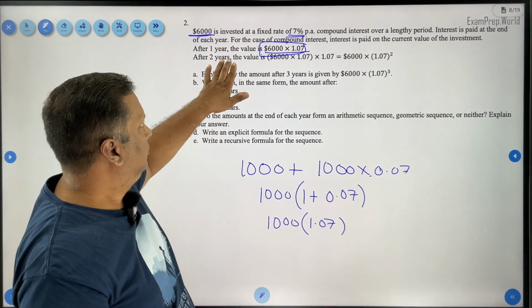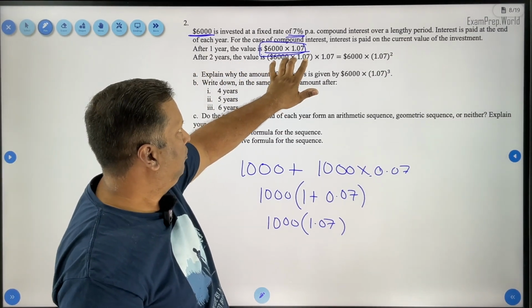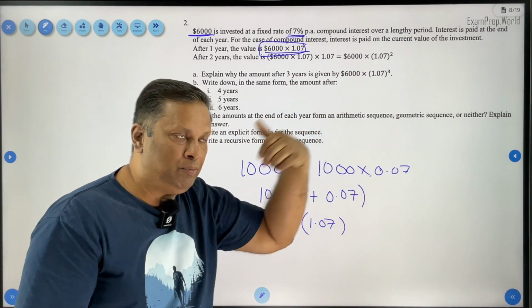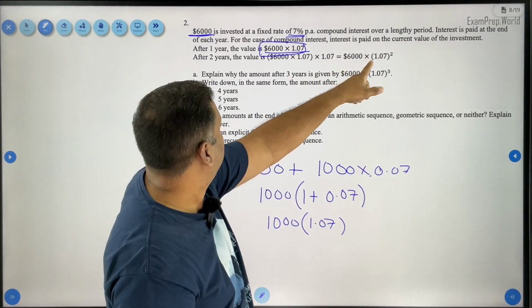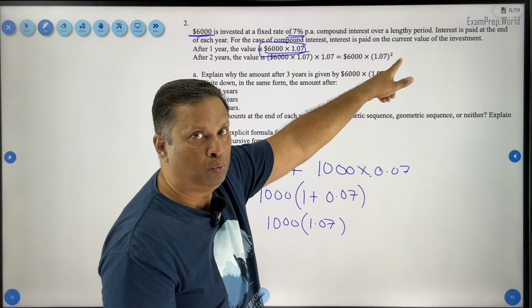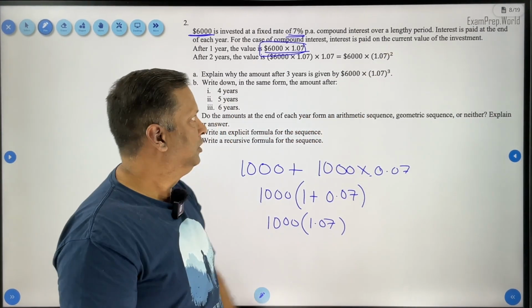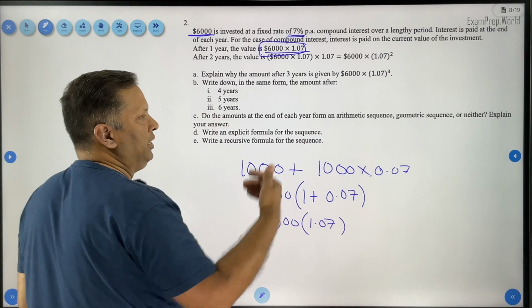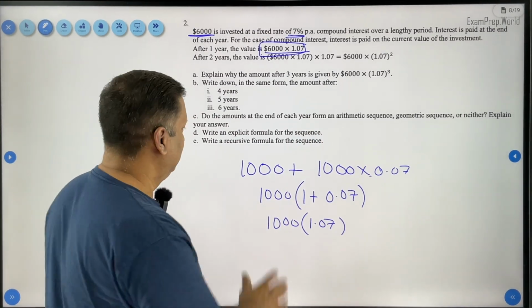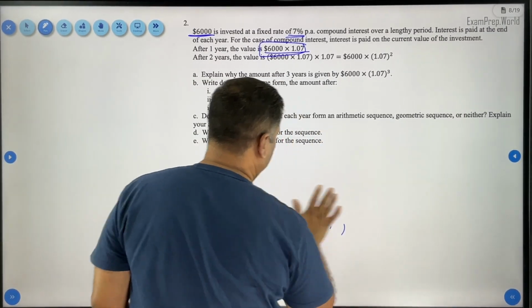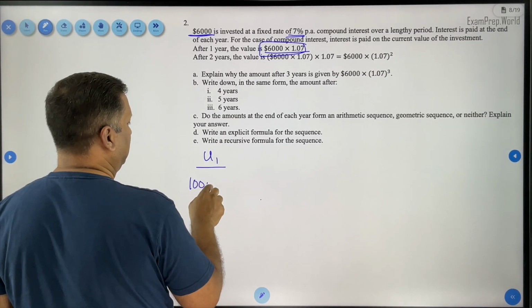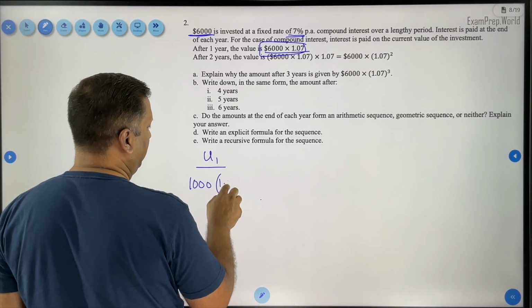After 2 years, this amount is multiplied by a further 1.07, because it is increasing again by 7%. So after 2 years, it will become 1.07 to the power 2. You are seeing this square here. So after the 3rd year, obviously, it will become 1.07 to the power 3. Now you have to explain why. Okay. So I will write this one. U1 is how much? 6,000 times 1.07.